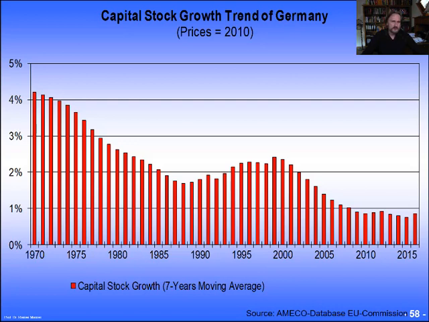The diagram clearly reveals that there is a long-run decreasing trend in the growth rate of the capital stock as we move along the time axis. This fits also to our observation in chapter 1, slide 43, that the share of net investment in GDP was about 17% in the year 1970 and only 3.6% in the year 2018.